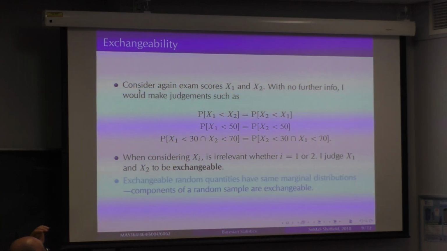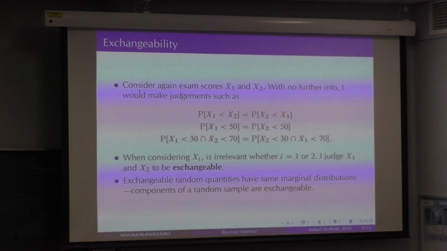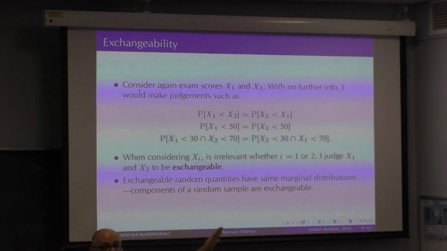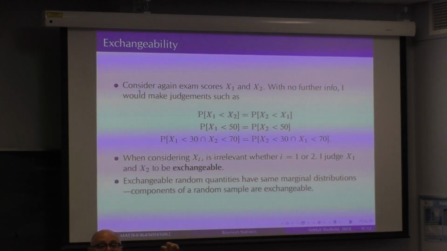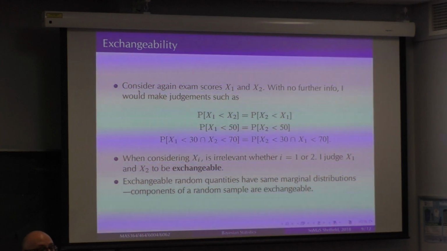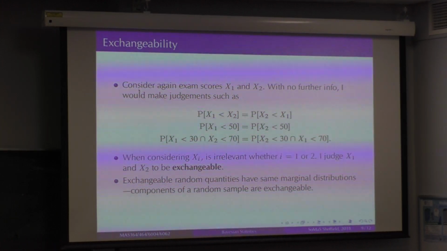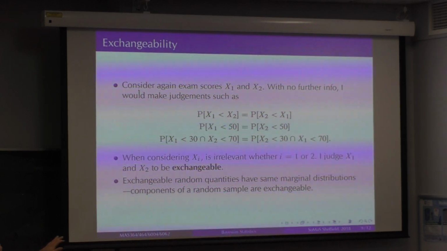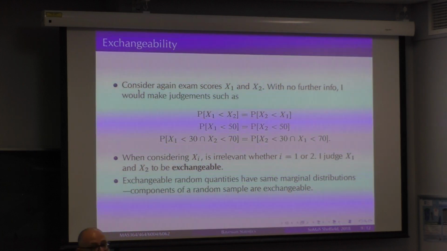And the important thing about exchangeability is that exchangeable events have the same marginal distributions. Any sequence of IID random quantities is exchangeable, okay? And this is the main concept in Bayesian statistics.